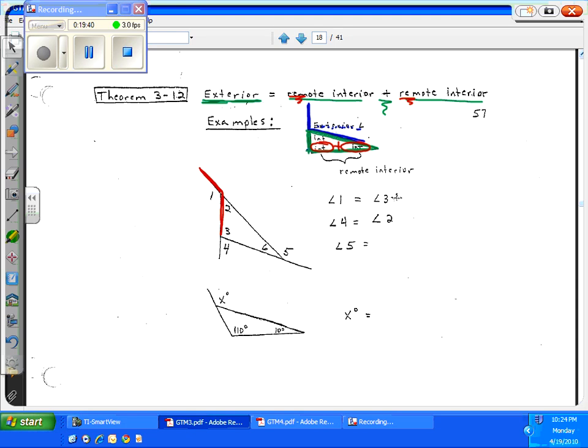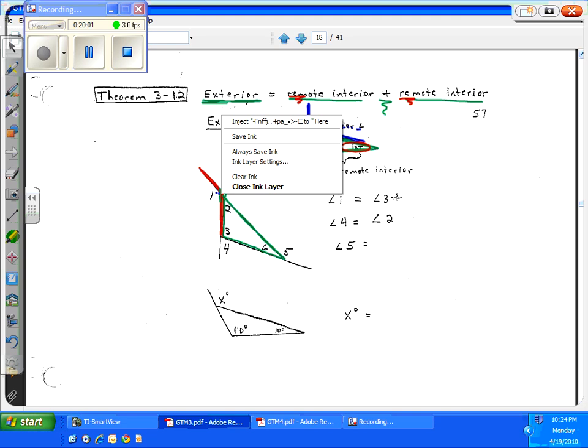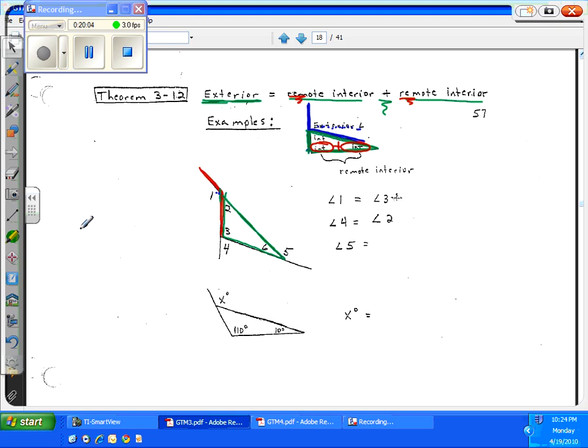So here's exterior angle 1. Thinking about the interior angles of this triangle, 2, 3, and 6, we would want to think, which ones are most remote? Well, the vertex of angle 1 is here. And when we think about what is remote, we want to think about what is not adjacent.